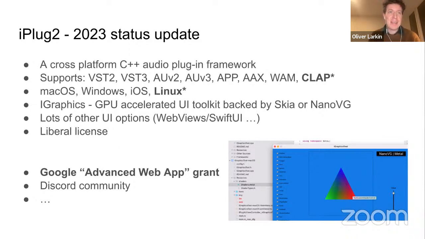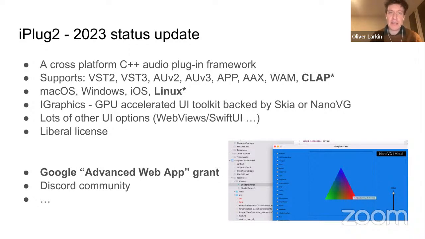And a couple of the nice things about iPlug 2, if you're not familiar with it, it's got a quite fast and nice GPU accelerated UI toolkit included, which is either backed by Skia, which is a very high quality graphics engine, but a very big dependency, or something called NanoVG, which is very lightweight and fast.